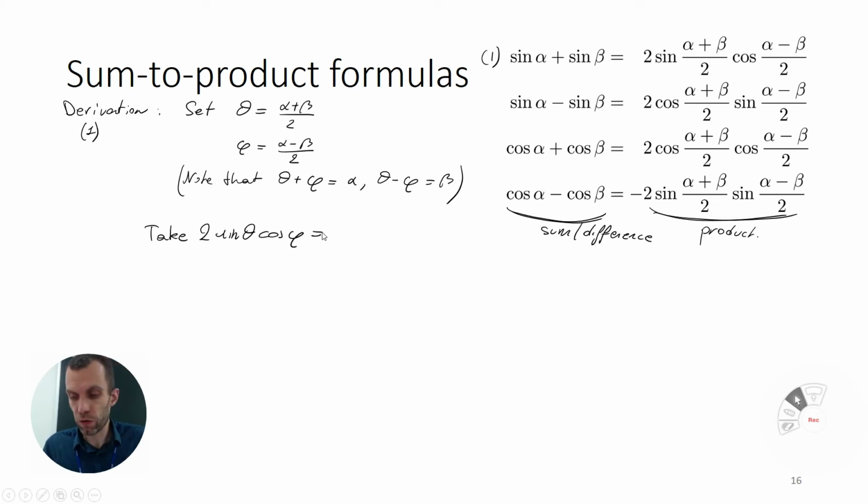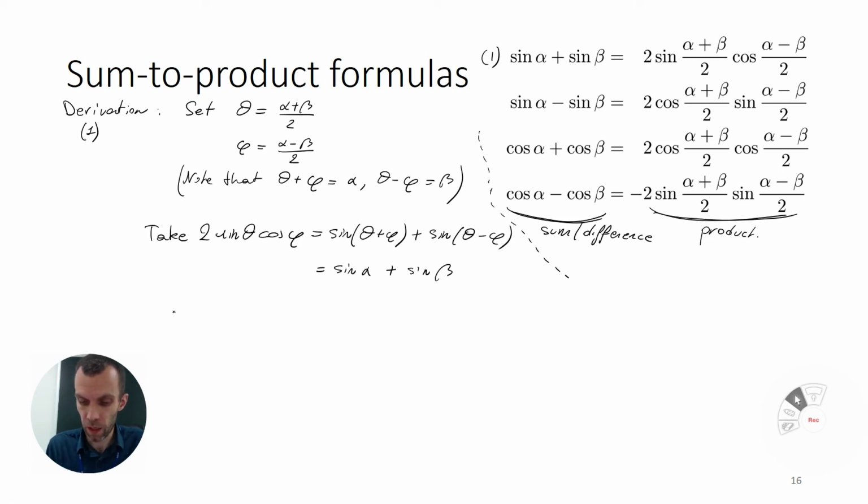Now we can use our product to sum formulas and we can write this as sine theta plus phi plus sine theta minus phi. And now we know that theta plus phi, that's alpha, so we have sine alpha here plus theta minus phi, that's beta.